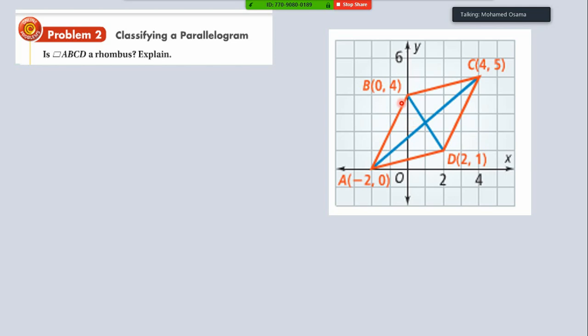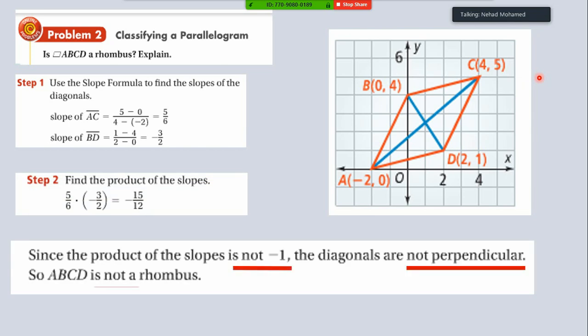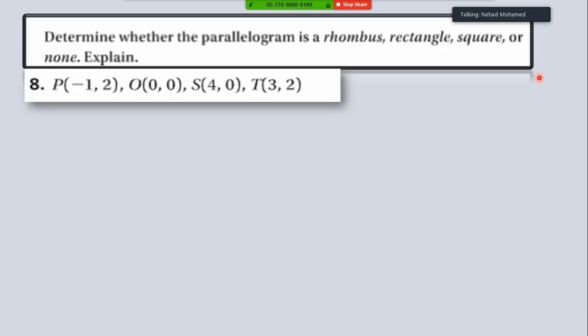Already this shape is a parallelogram, meaning opposite sides are congruent. Then we only need to prove that any two adjacent or consecutive sides are congruent. If the length of AB and the length of AD are congruent, then the parallelogram is a rhombus. Easy? Okay, next one.